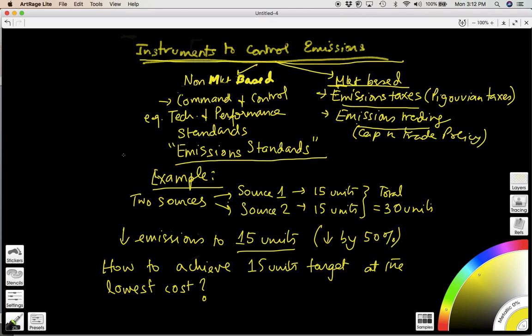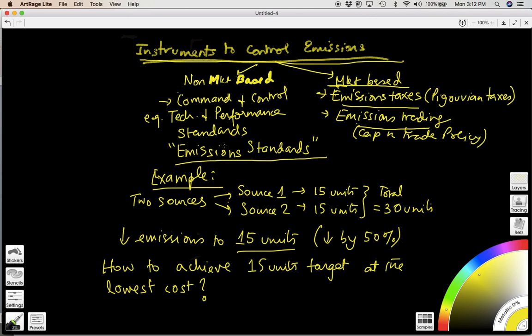Okay, so let's look in the next few videos at how we can do it with these different types of control measures, and which one proves to be the most cost efficient. And first of all, in doing that, we have to understand what this cost efficiency is.